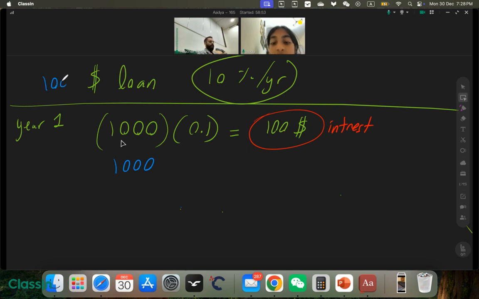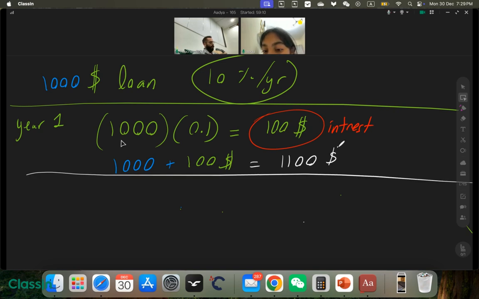This is the $1,000 loan, so the $1,000 plus the $100, right? So white is the total. White is the total for year one.